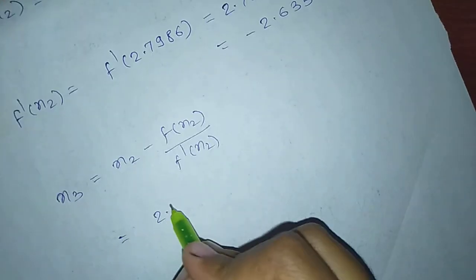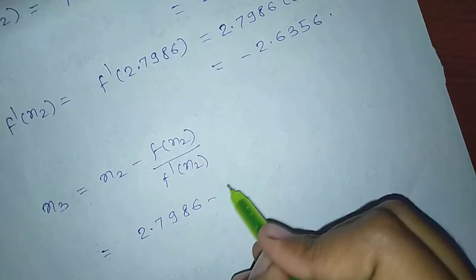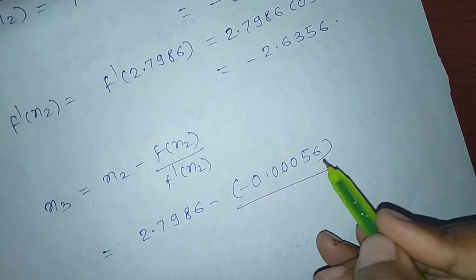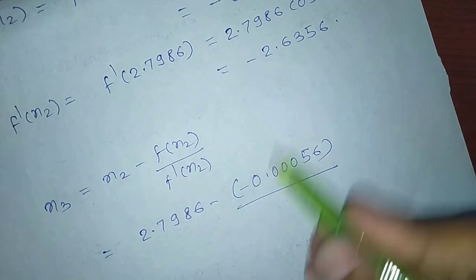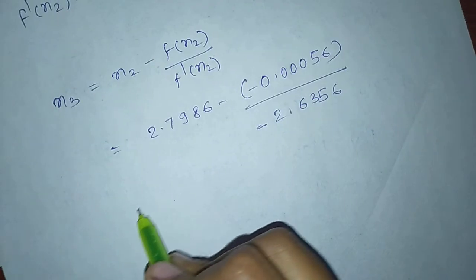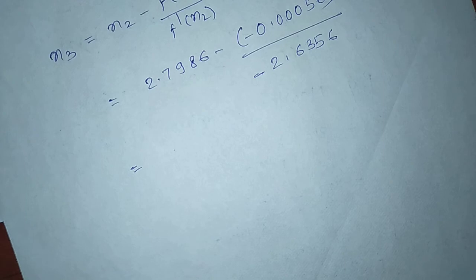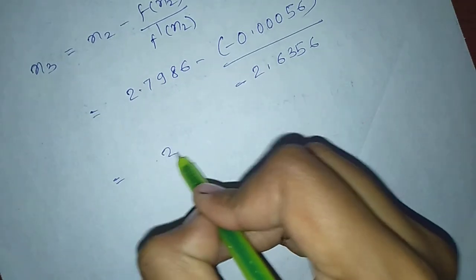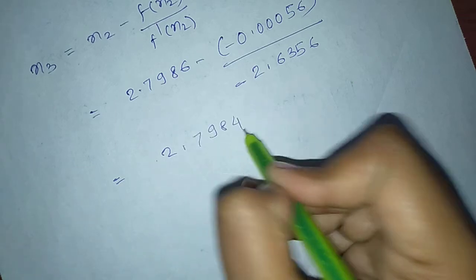Now calculate x3 equal to x2 minus f of x2 upon f dash of x2. x2 is 2.7986 minus f of x2 is minus 0.00056 upon f dash of x2 is minus 2.6356, equal to 2.7984.